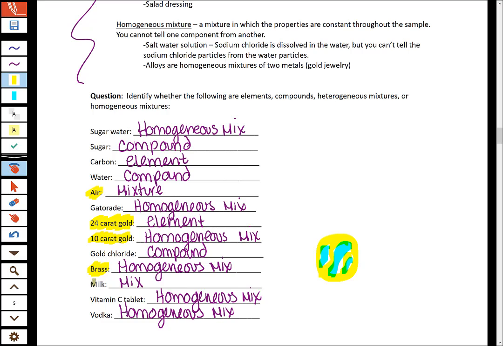Milk is another one that students struggle with because we can again argue, right? Some folks will automatically say it's homogeneous because they are thinking of the milk at the grocery store, which is homogenized, right? So it's homogeneous. But if you've ever milked a cow and seen what comes out, it separates into the cream and the milk.